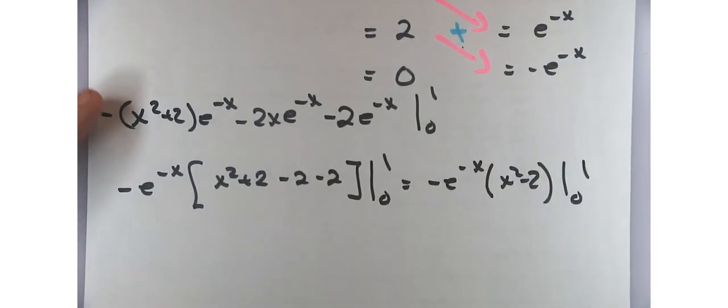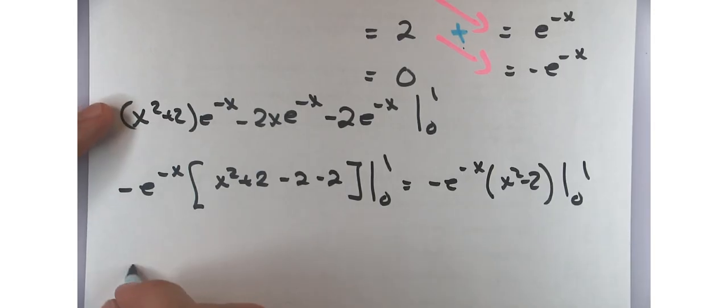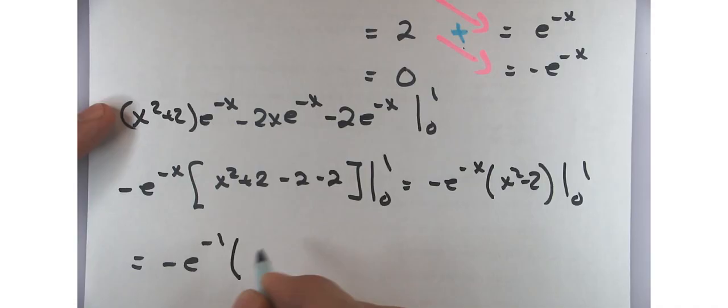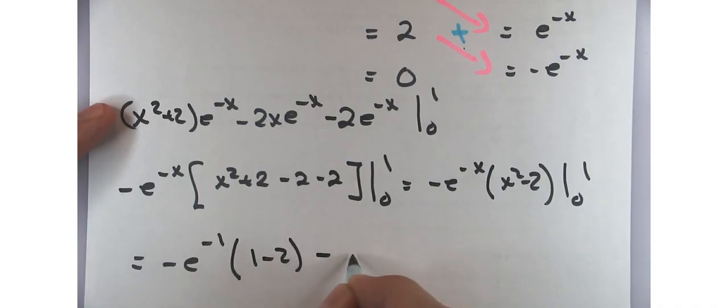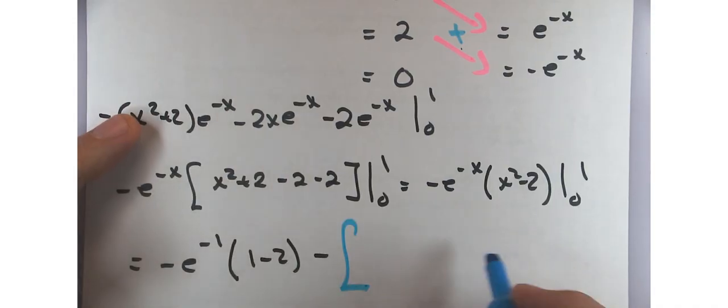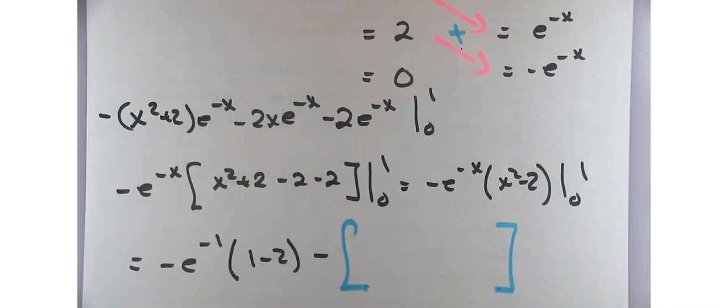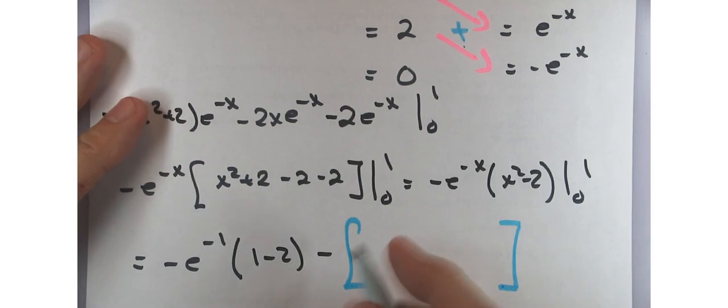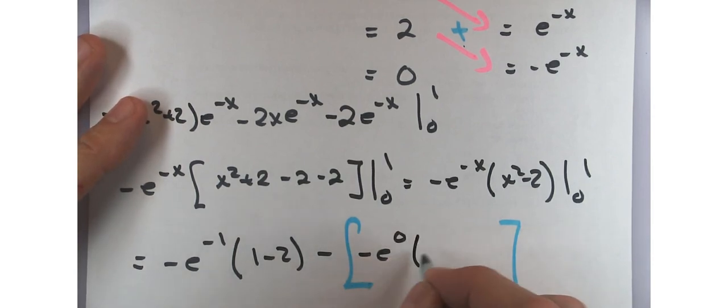Let's put these in. That's going to be negative e to the negative first power times 1 minus 2 minus, and let me bracket it off this way. Minus the lower limit, negative e to the 0 times 0 minus 2.